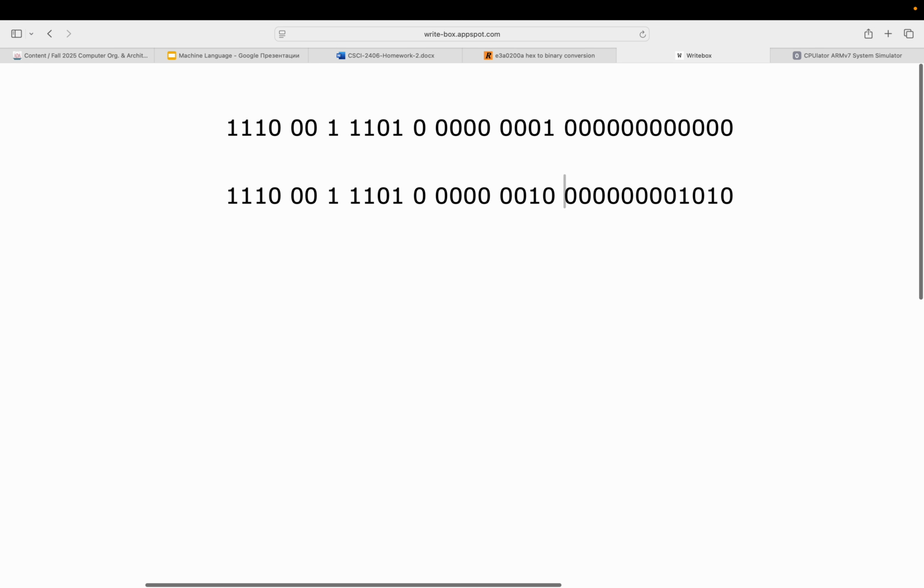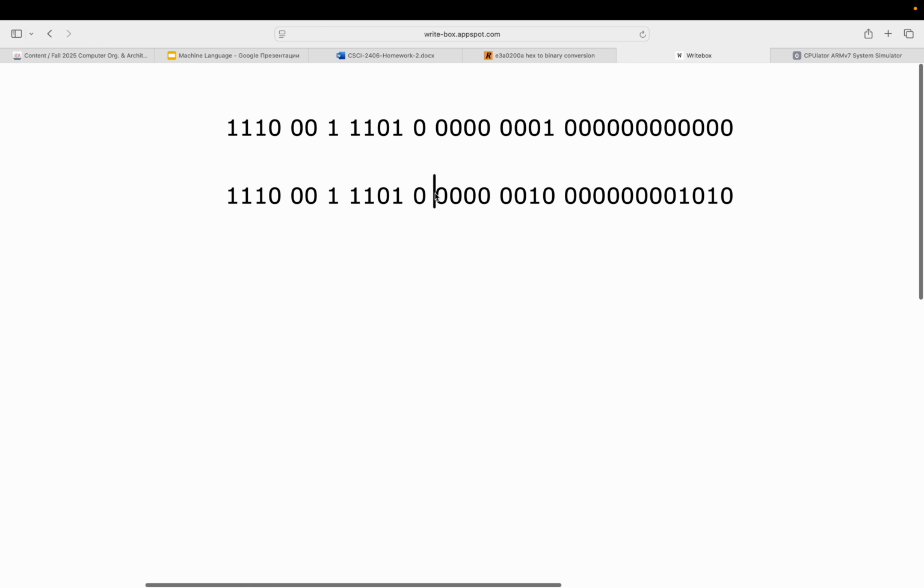So again, what we have right now is they're basically the same. It basically means that all conditions are met. 00, both of them are the same, which is data processing. 1, it's the same here too, which basically represents immediate value. Again, they are the same, which basically means that our command is move. So I understand that both commands are move.